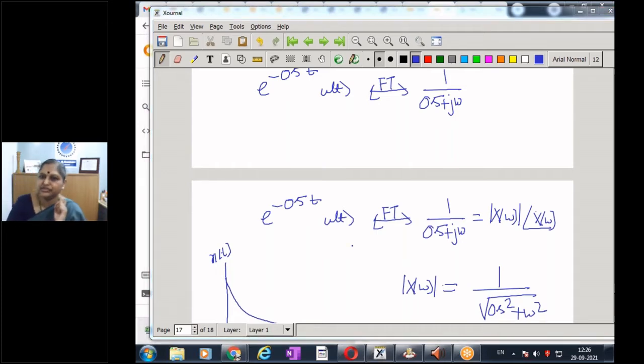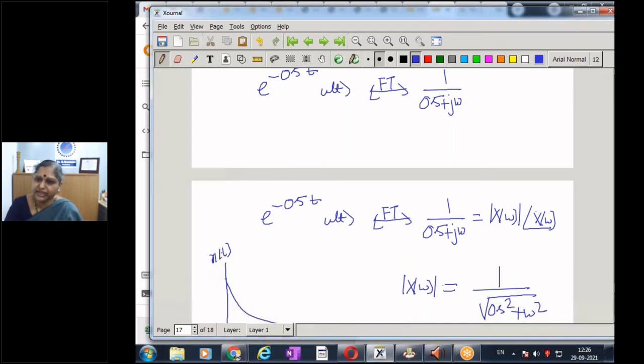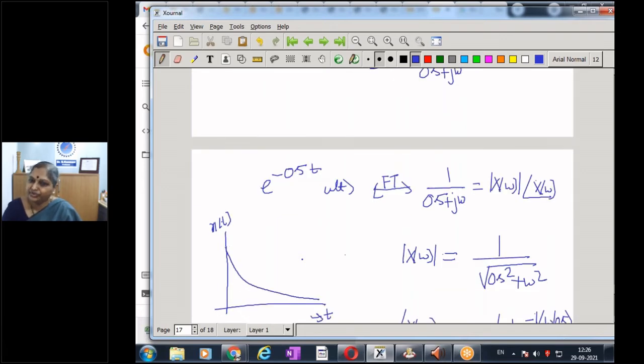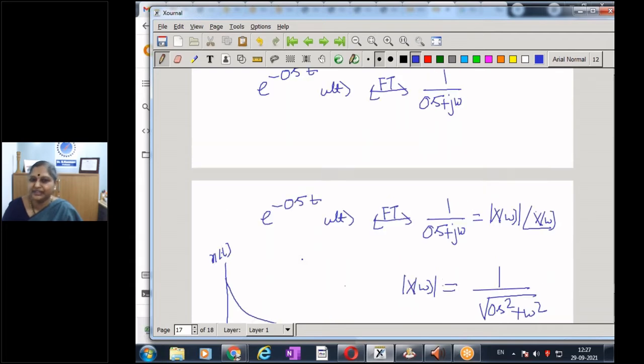So this is getting the Fourier transform of this function. Next, any other signal we take. So this way you can do the Fourier transform of any signal and get it. You know to do integration, and then you get the analytical expression and write the expression for the program.